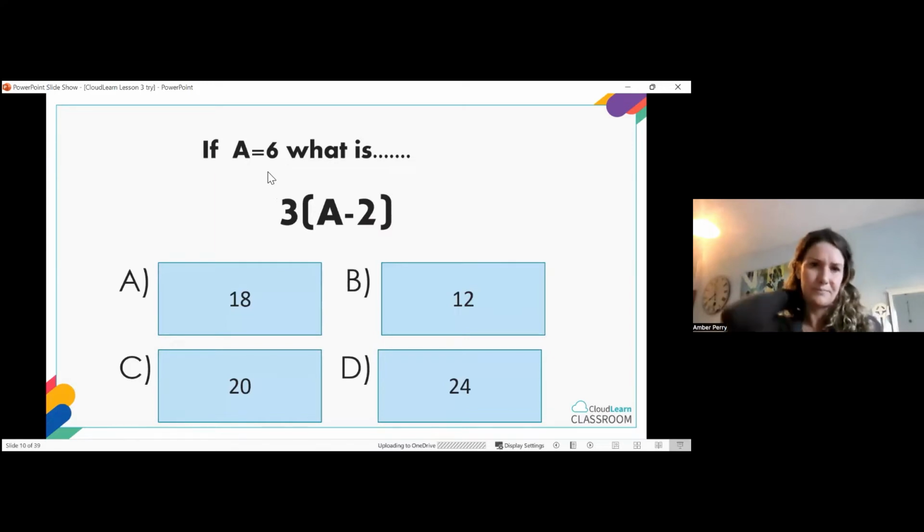Okay. So if A is 6, what is 3 lots of A minus 2? Remember, substitute that 6 into the brackets first, 6 minus 2, then multiply by 3. Okay, and I'm going to launch that poll now.